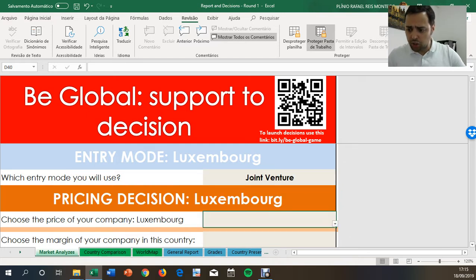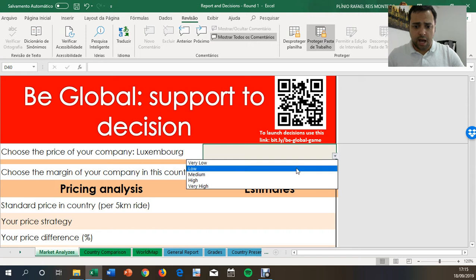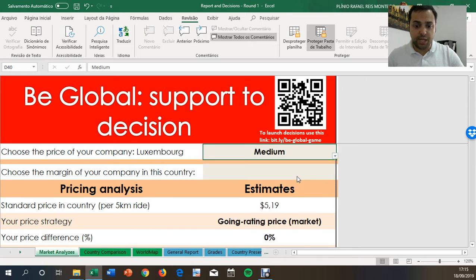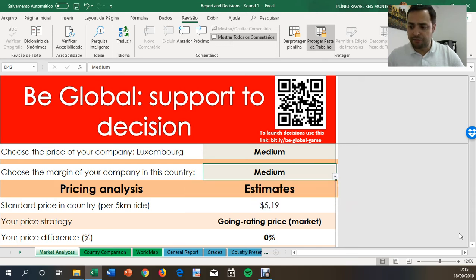And now I need to choose here the price, to have the view of the price level for Luxembourg. I'm planning to enter with a medium price, and a medium margin for the company.